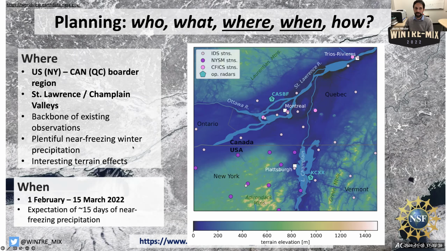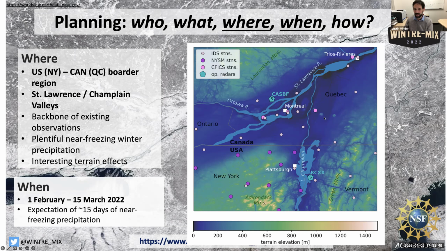It's also a region that receives plentiful near freezing winter precipitation. We looked at some climatologies of how often near freezing precipitation occurs and how often freezing rain occurs, and those demonstrate that the type of weather we wanted to observe occurs frequently in this region. And there's also interesting terrain effects on the weather.